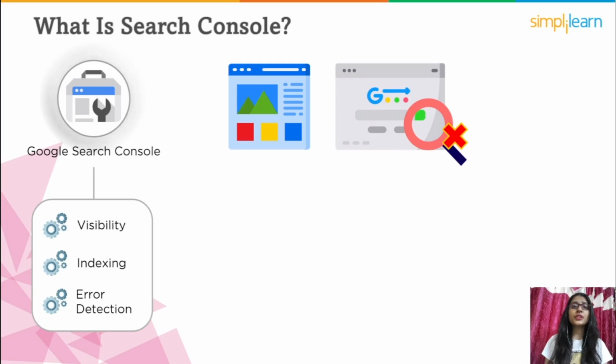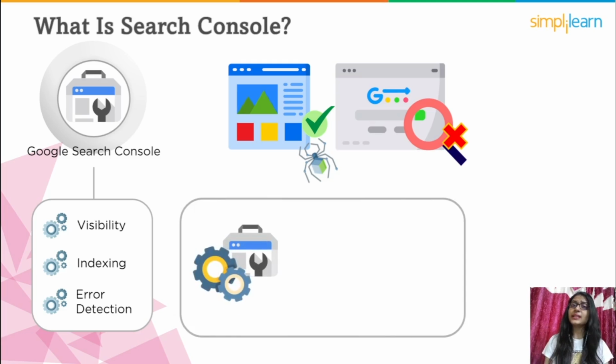Here, Search Console comes into action. There is a possibility that search engine crawlers are not able to crawl your website. Thus, it is not visible in the search result pages. To make crawlers crawl your website, you will need to optimize your website using Search Console.